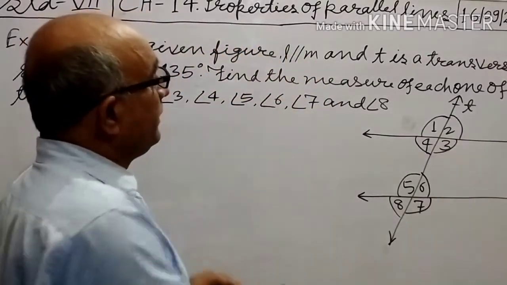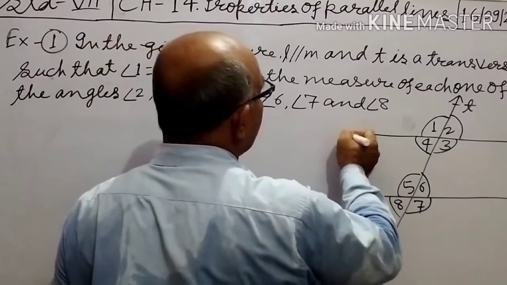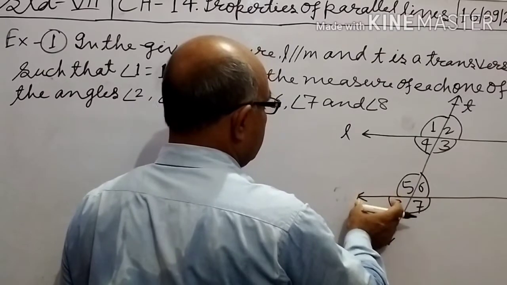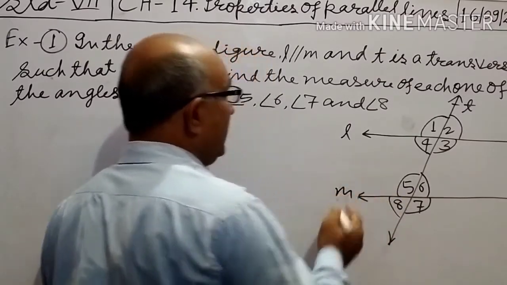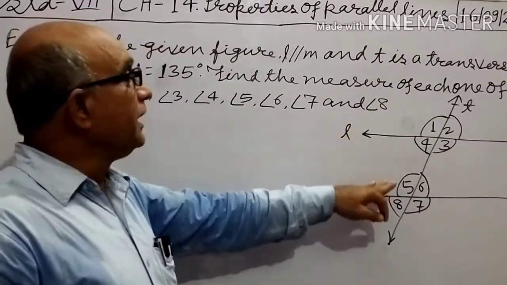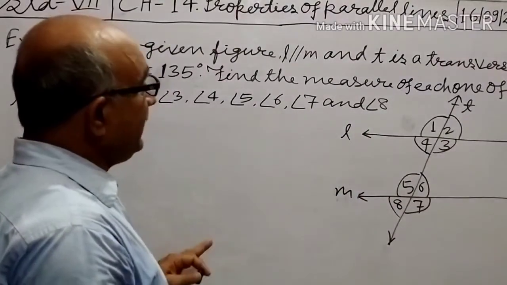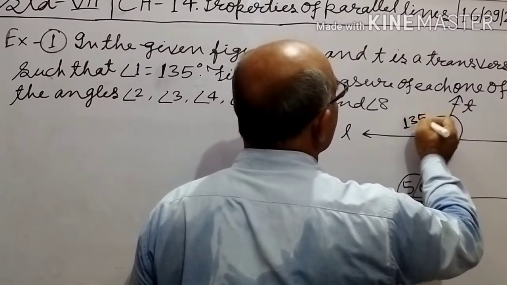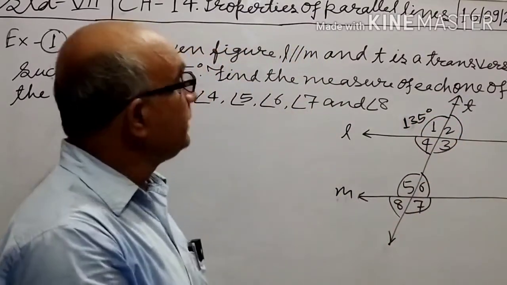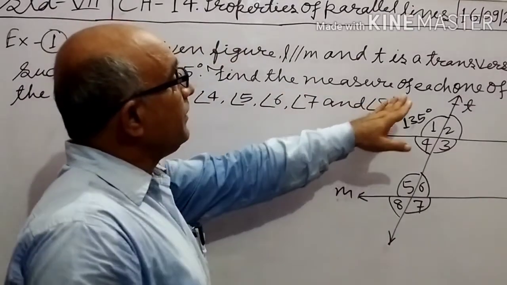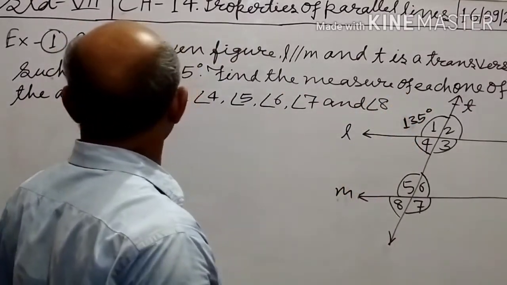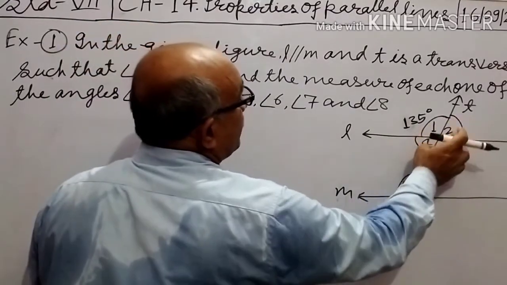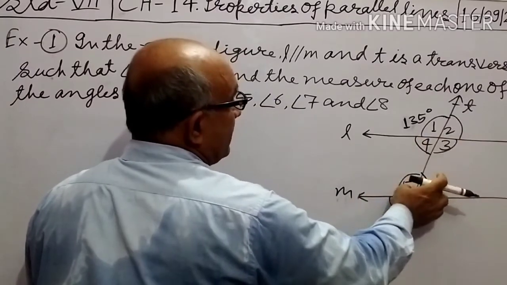In the given figure, L parallel M, and T is a transversal such that angle 1 equal to 135 degrees. Find the measure of each one of the angles: angle 2, angle 3, angle 4, angle 5, angle 6, angle 7 and angle 8.